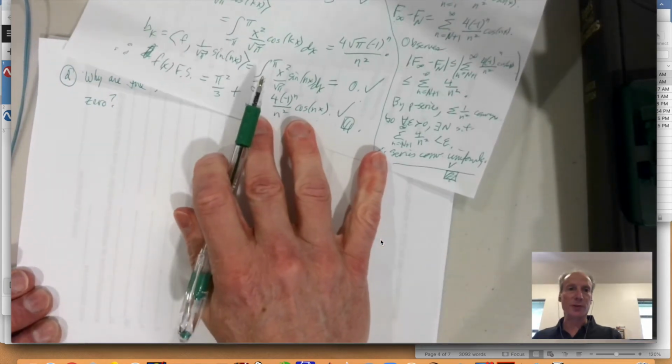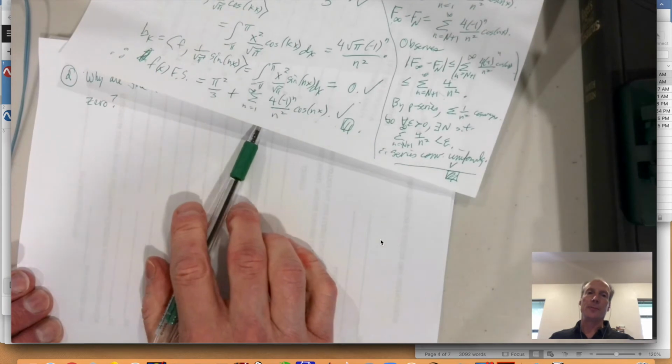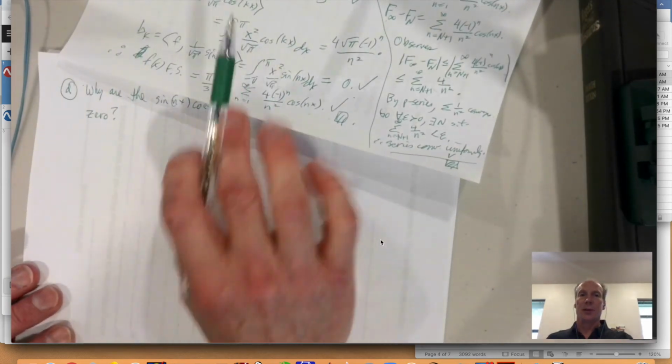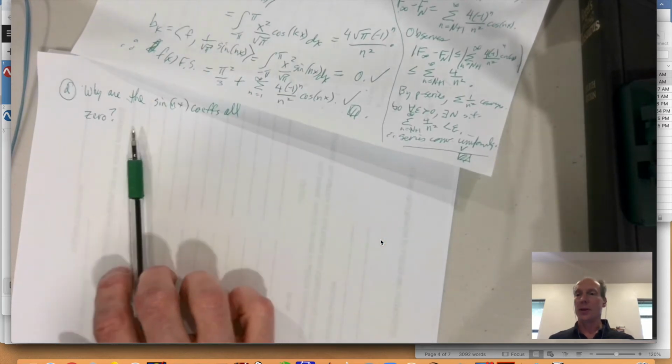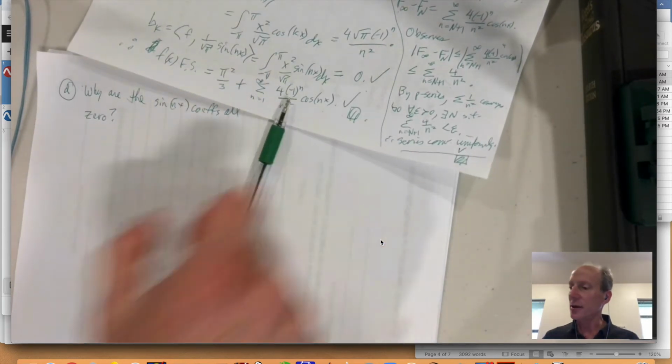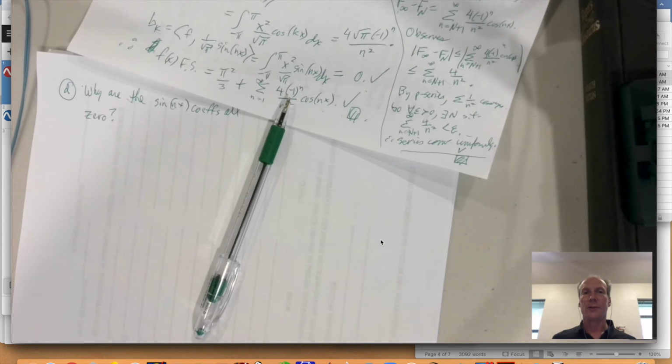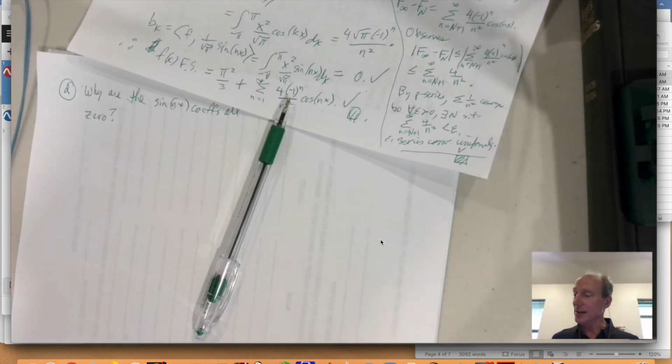Remember, this is what the expression for the function is. Well, there is a reason for that. Why do you think there's no sine of nx coefficient in there? Gee, that is odd. That's exactly right.